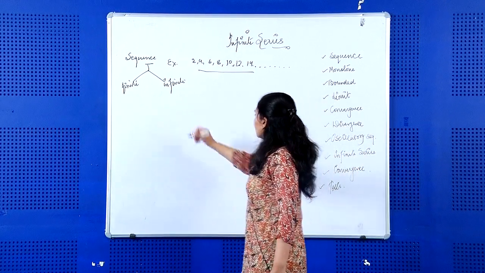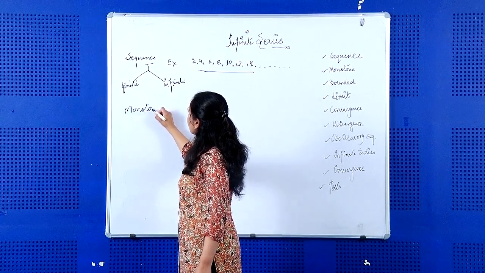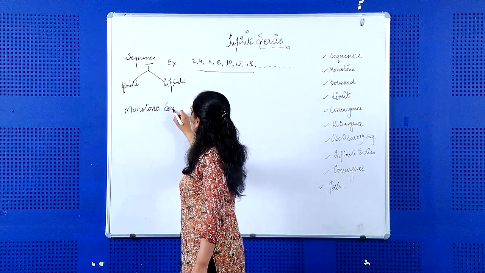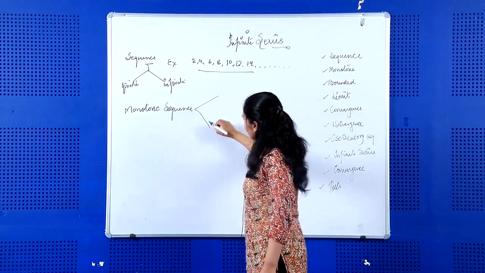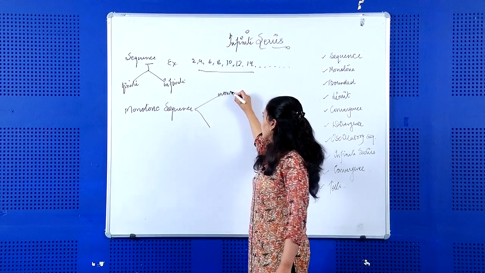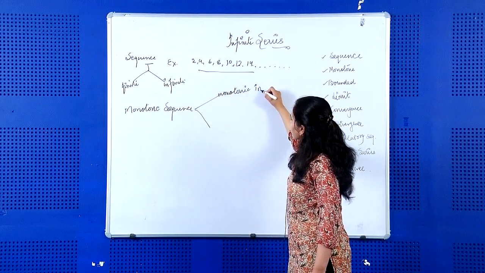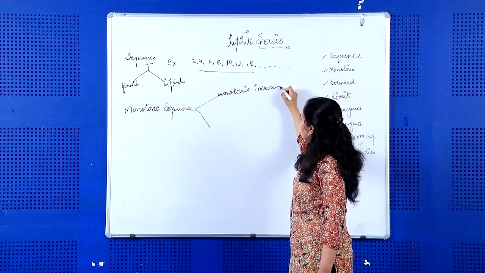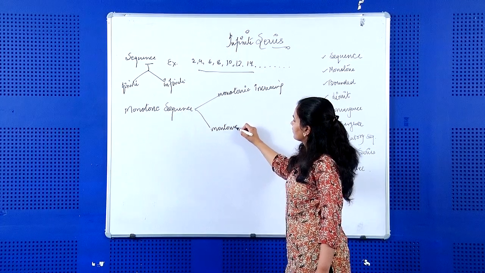Then we must know what a monotone sequence is. But before learning what a monotone sequence is, we have to learn what is monotonic increasing and monotonic decreasing.